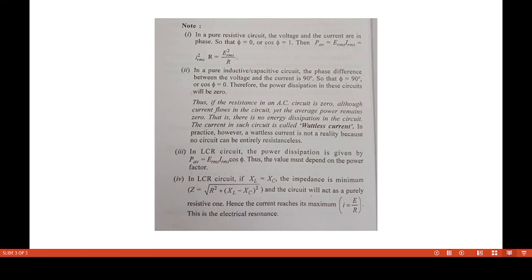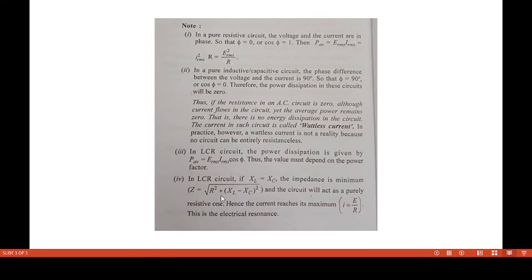In an LCR circuit, the power dissipation is given by P average equals ERMS into IRMS into cos phi. Thus, the value must depend on the power factor, which is cos phi. And in an LCR circuit, if XL equals XC, you've seen this is the condition for resonance, and the impedance is minimum.